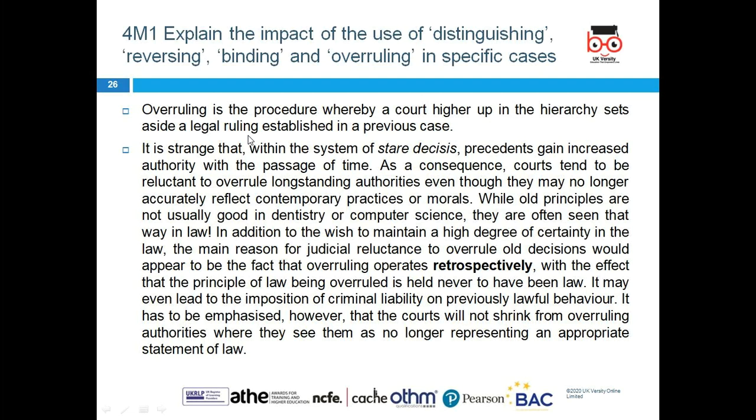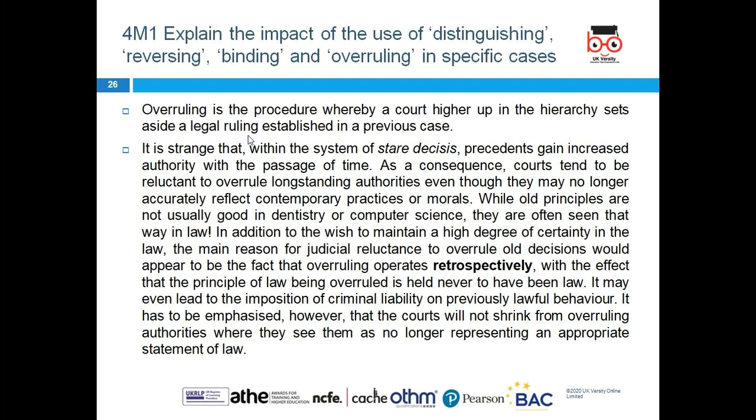Within the system of stare decisis, precedent gains increased authority with the passage of time. Consequently, courts tend to be reluctant to overrule long-standing authorities, even though they may no longer be an accurate reflection of the contemporary.